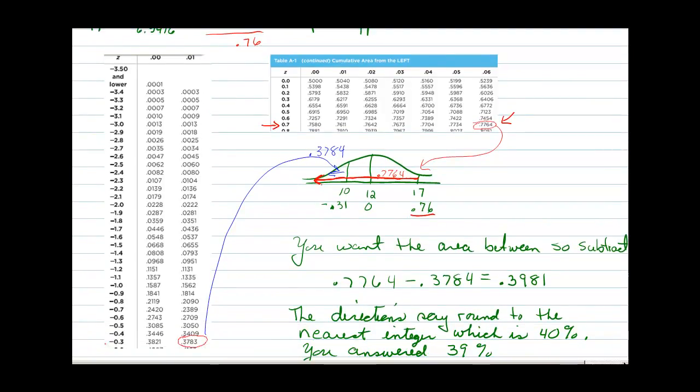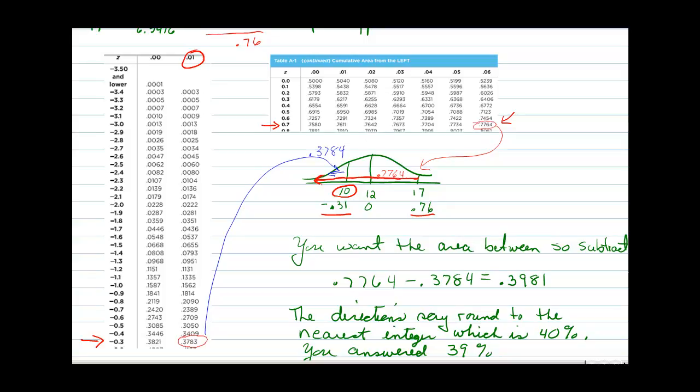We do the same thing with the z-score for 10. It was negative 0.31, so we go down to negative 0.3, and we're in the 0.01 column, so we read off 0.3783. The meaning for that is that the area to the left of an age of 10, or a z-score of negative 0.31, is 37.84%, or 0.3784.